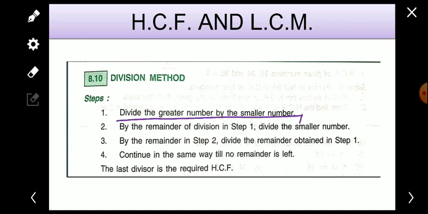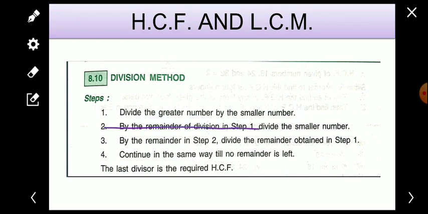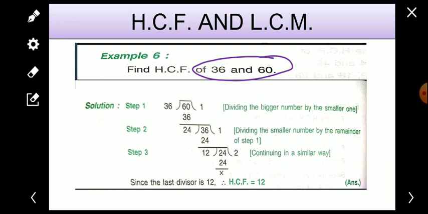And after that, the second step: by the remainder of the division in step 1, divide the smaller number. In the first step we divided the bigger number by the smaller number.